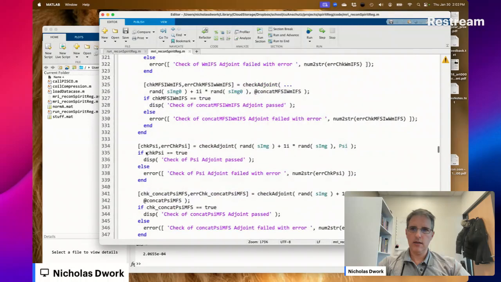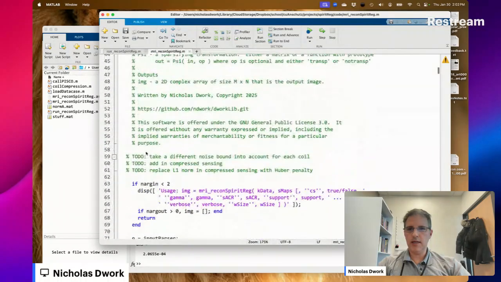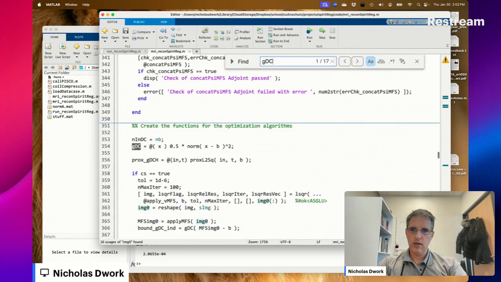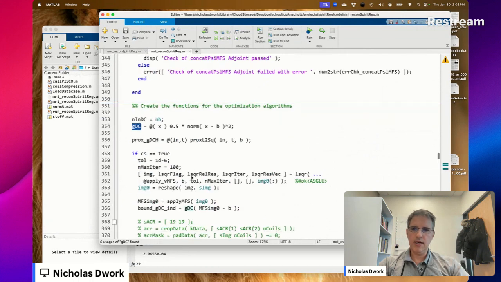Okay. Where does image not get created? GDC happens down here.